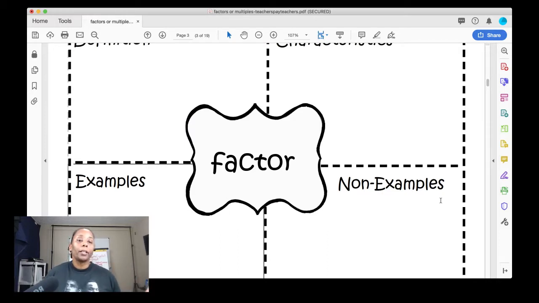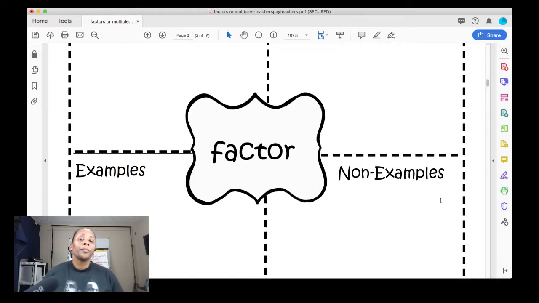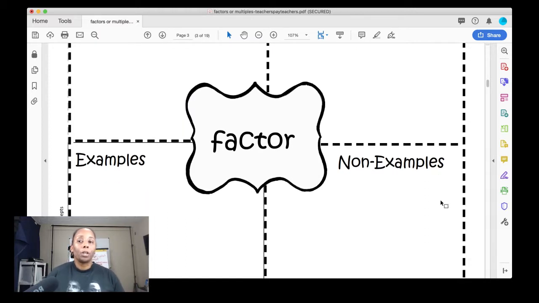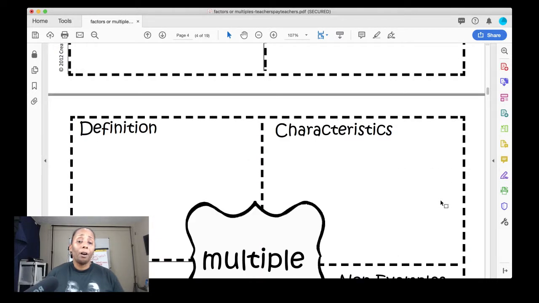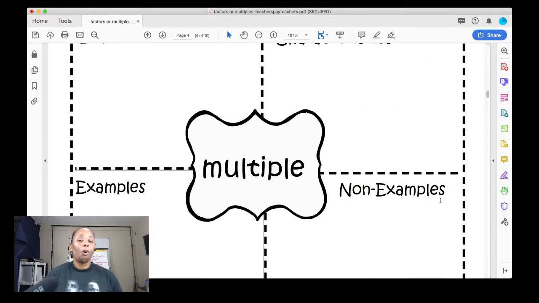So, like skip counting are multiples, and your factor pairs become their factors inside of those factor pairs. So, this really helps them to go into greater detail of what a factor and multiple are.